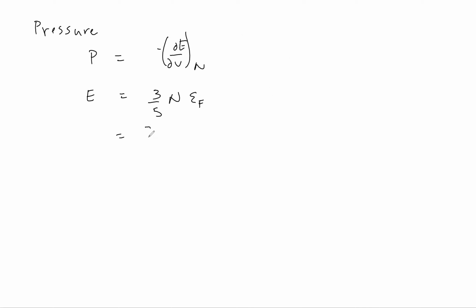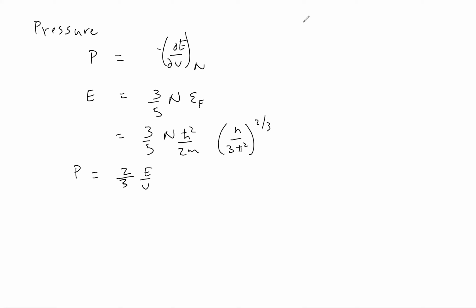This is 3/5 and ħ²/2m (n/3π²)^(2/3). So you see that the pressure therefore must be equal to 2/3 E over V.